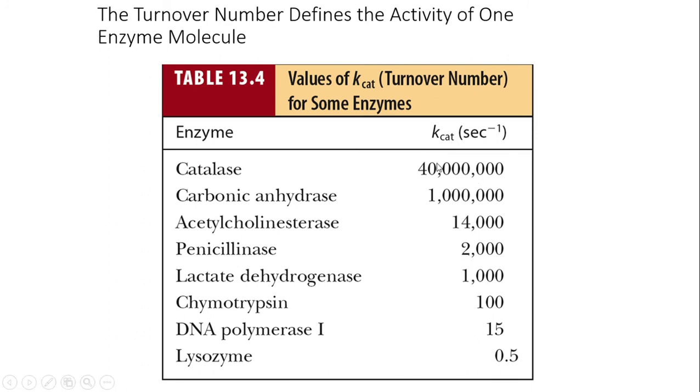I think I misspoke somewhere along the way with respect to a number. Anyway, forget I said that. 40 million. Penicillinase, 2,000. DNA polymerase I, 15. That's kind of surprising because DNA polymerase I is used in replication of DNA.